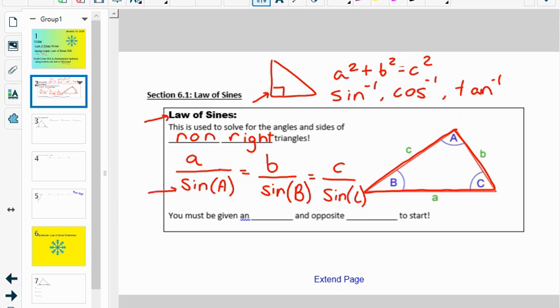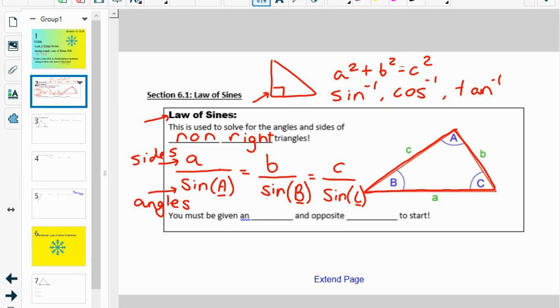The bottom row, these are the angles. A, B, and C, those are capital letters, so they're angles. The top are the sides, and those are lowercase, that's why they're the sides. All right, so that's the law.